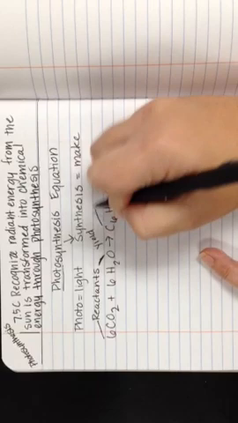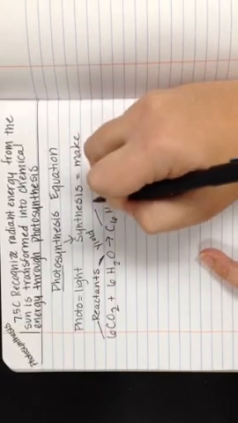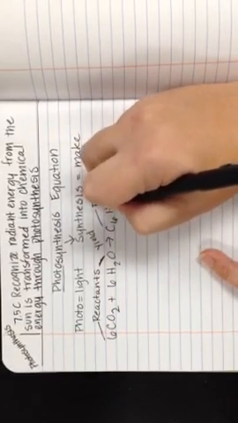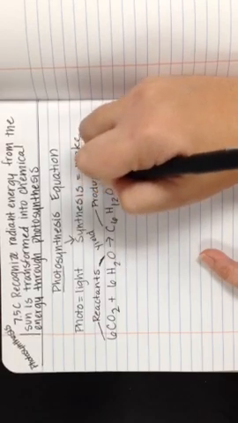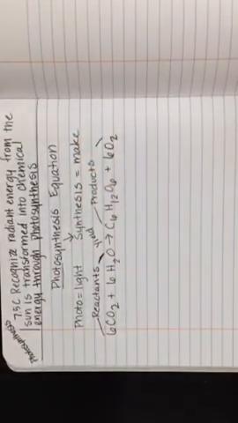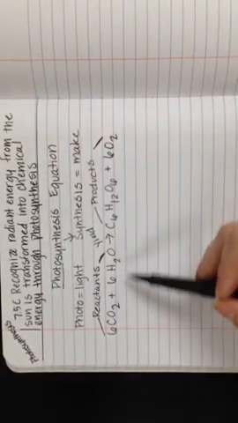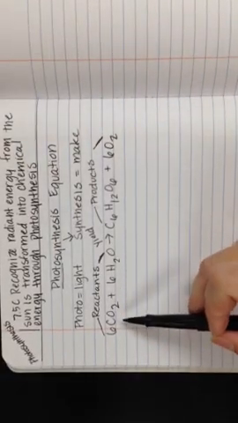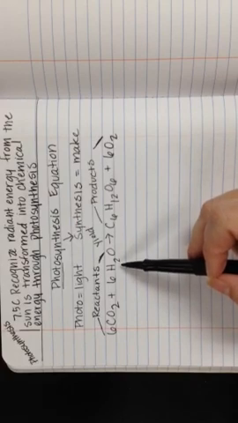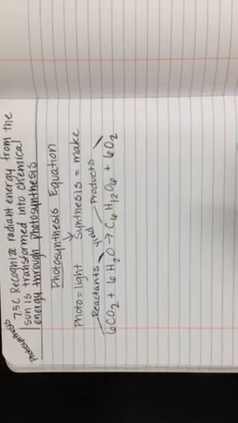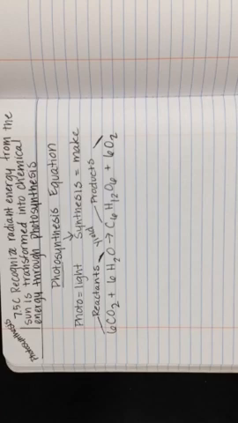And these over here are what are produced, so they are the products. We put carbon dioxide and water together to make glucose and oxygen. And really it happens in the plant, in the chloroplast, the chlorophyll of the plant.